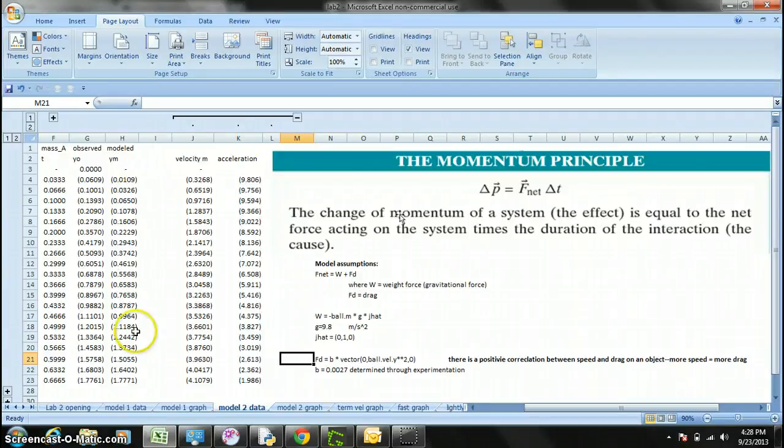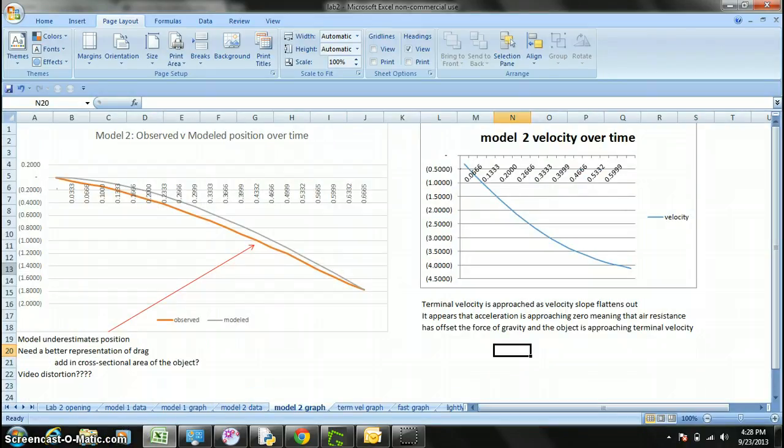I plotted that information here, and these are the results of observed in orange and modeled in blue. You can see that although the lines are much closer, the model here underestimates the position over time. I feel that I need a better representation of drag.